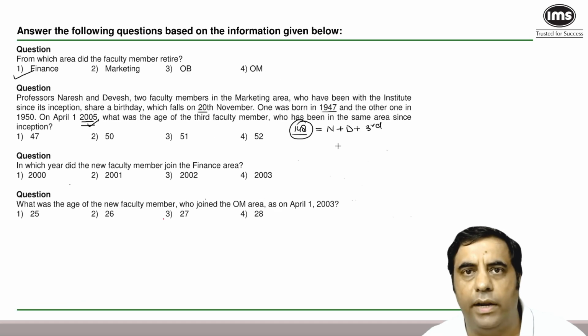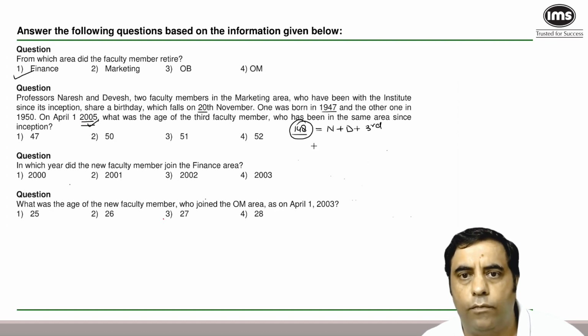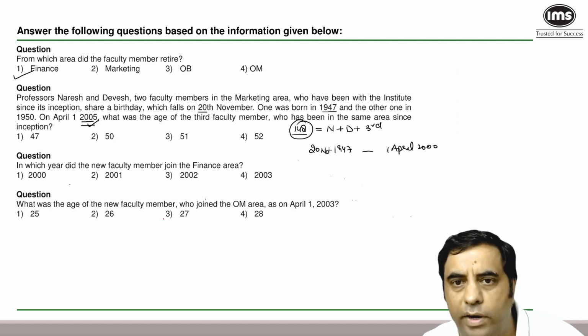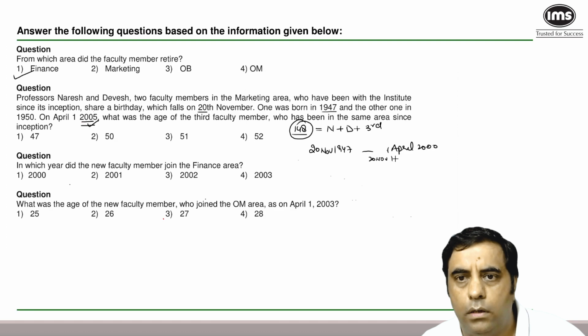Now, the age of Naresh on 1st of April 2000 from 20th November 1947, we calculate from 20th November 1947 to 20th November 1999. It is 52 years.